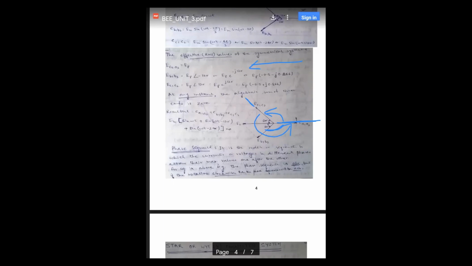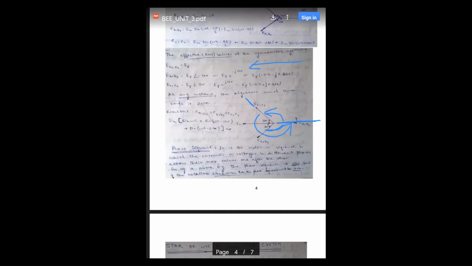Okay, because sinusoidal waves repeat themselves after every 360 degrees or 2 pi radians. Okay, so minus 240 plus 360 is 120 positive.